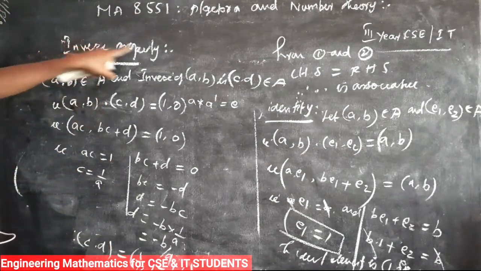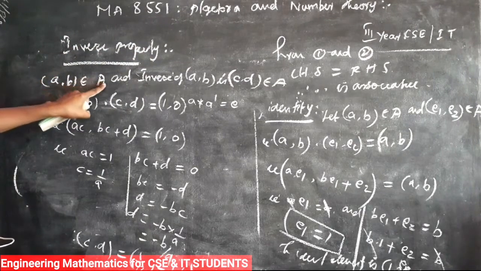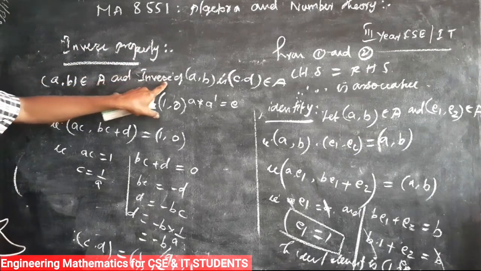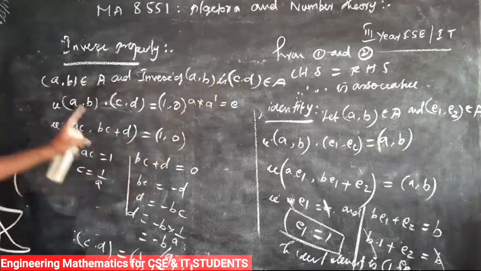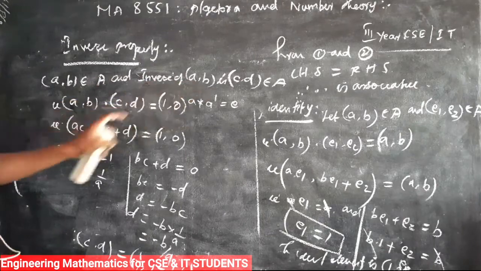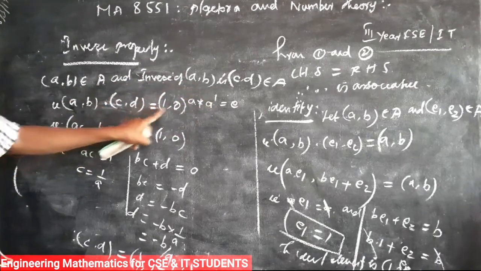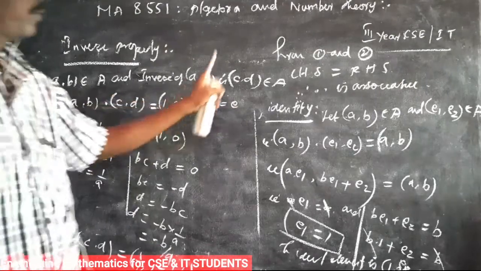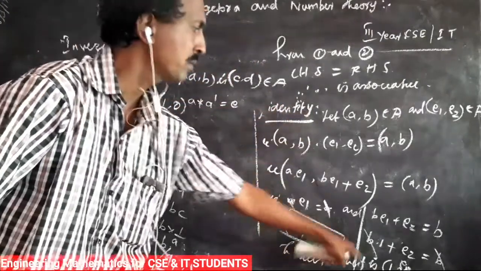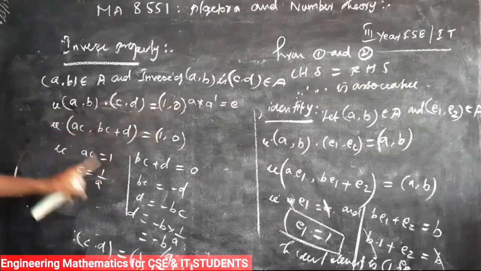Let me repeat, the inverse property. We take two elements, a comma b is the ordinary element and the inverse is c comma d. So you apply the inverse property, a star a dash equal to e. So one element a comma b, inverse c comma d equal to e. We already found the identity element, that is 1 comma 0. So a comma b dot c comma d equal to 1 comma 0.